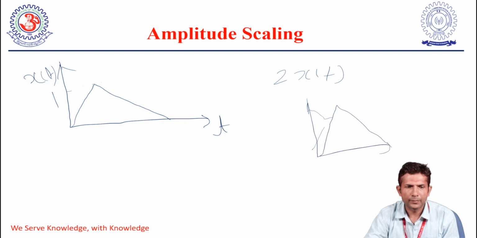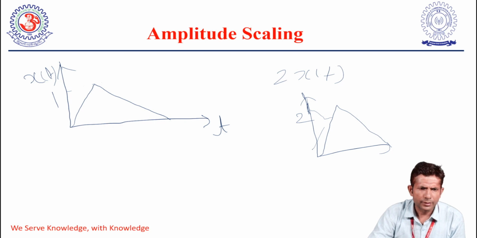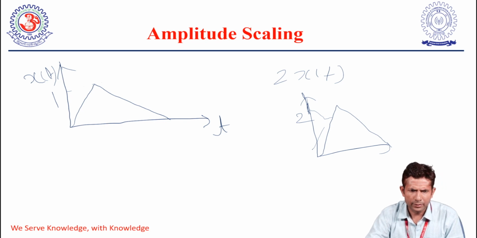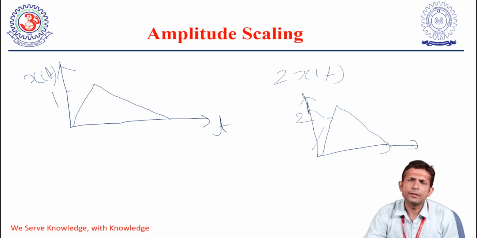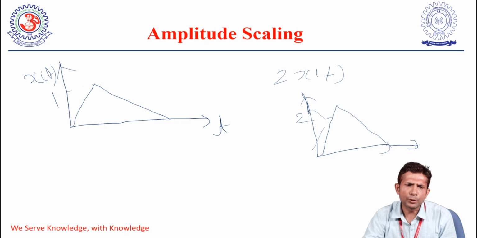So this is all about amplitude scaling. What is the difference from time scaling? In time scaling we are doing the operation on the time axis, and in amplitude scaling we are doing the operation on the magnitude of the signal.